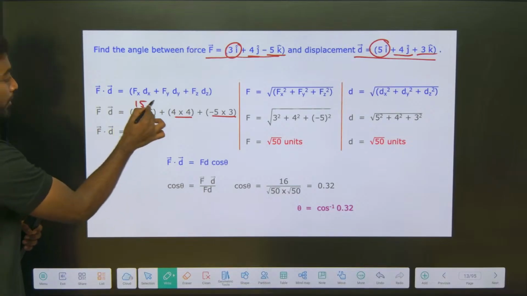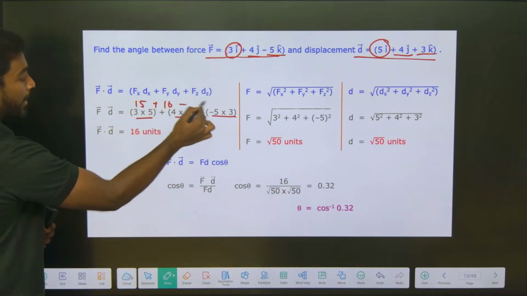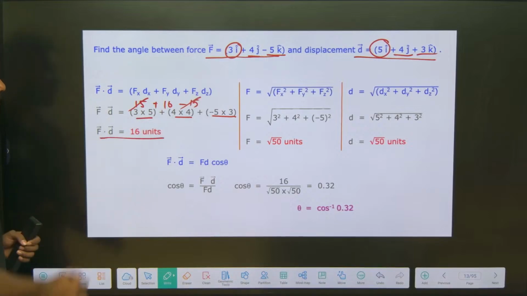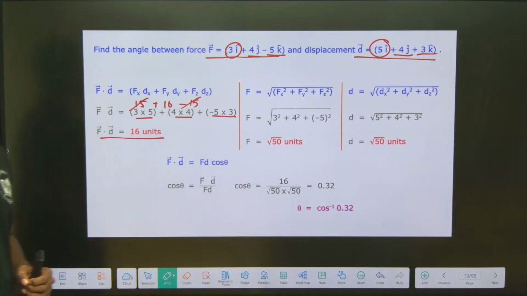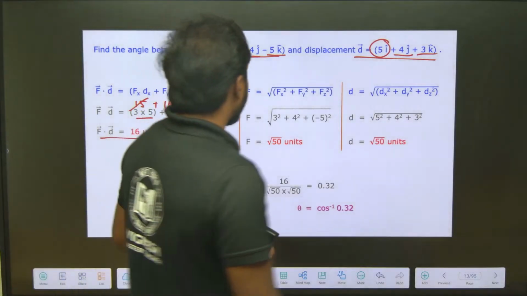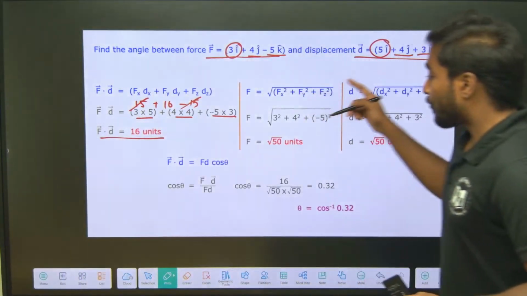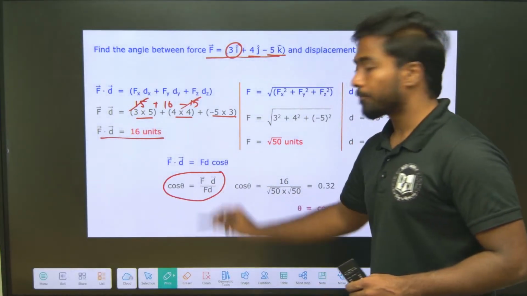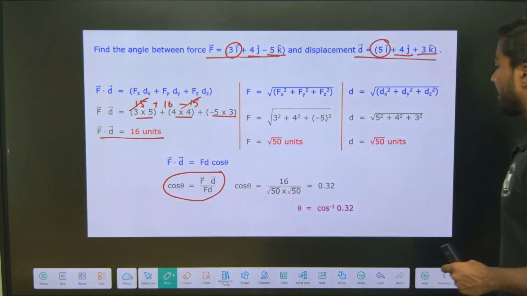So 15 plus 16 minus 15. Minus 15 plus 15 get cancelled off. 16 units I'll get. Now the formula to find the angle is F dot D by FD.